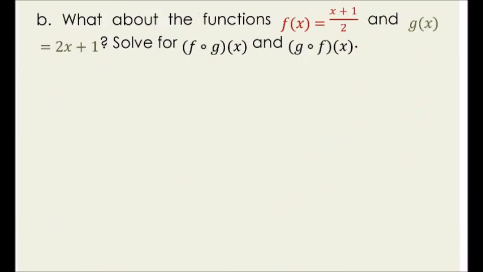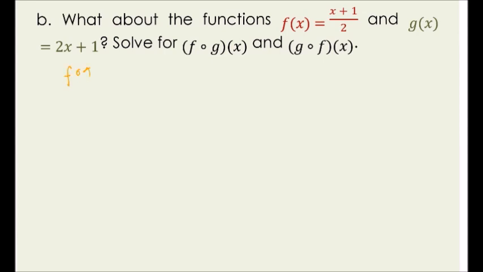Let's have the second example. We have here f of x is equal to x plus 1 over 2, and then we have g of x is equal to 2x plus 1. So we're going to determine if they are inverse of each other by taking the composite. Let's do f of g of x first.